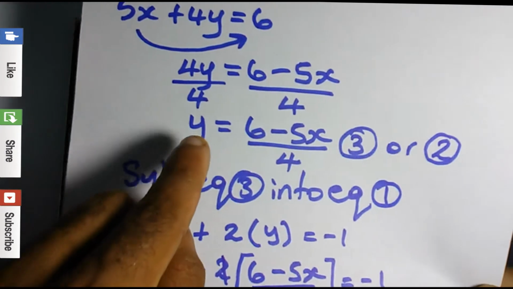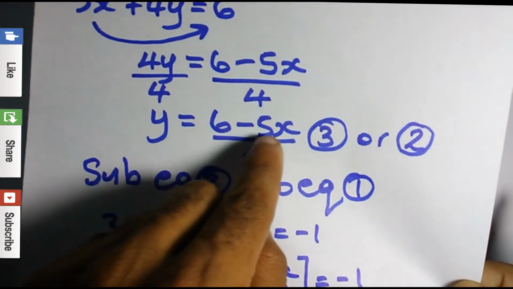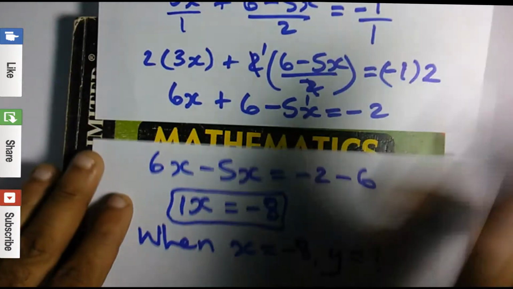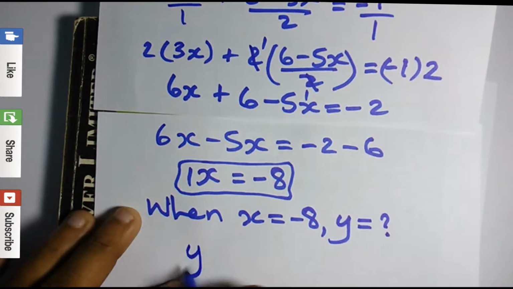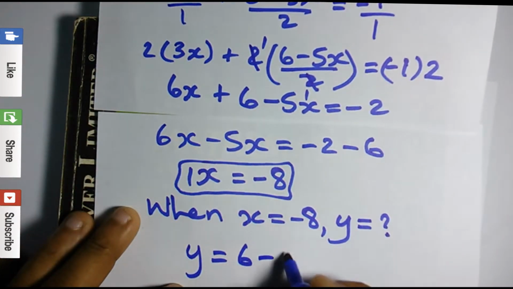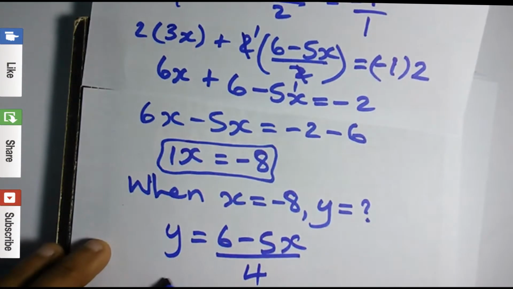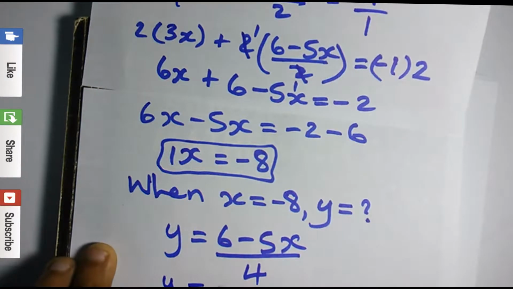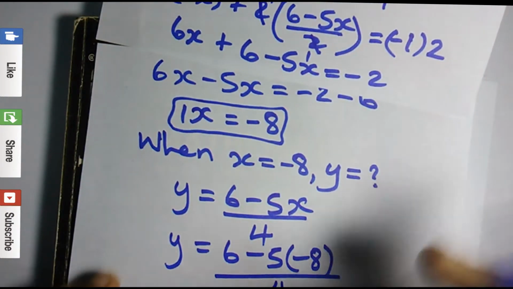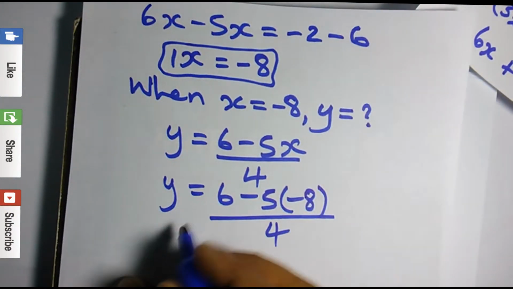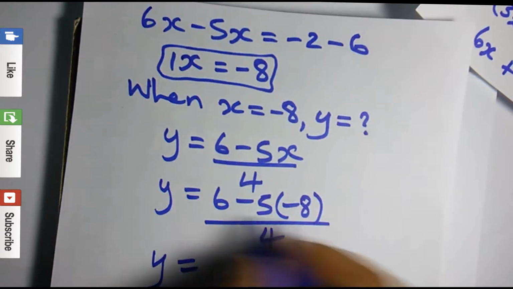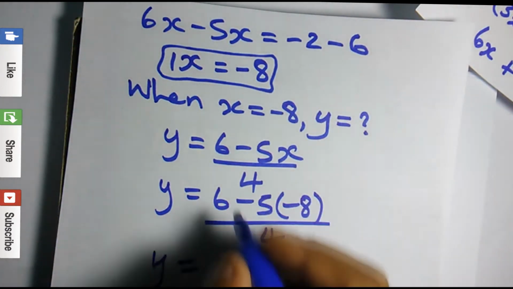So remember that y was equal to 6 minus 5x over 4. I'm going to rewrite it here: y is equal to 6 minus 5x over 4. Remember the value for x was negative 8. So y is equal to 6 minus 5 times negative 8, divided by 4. Now we're going to solve the top section of this fraction.